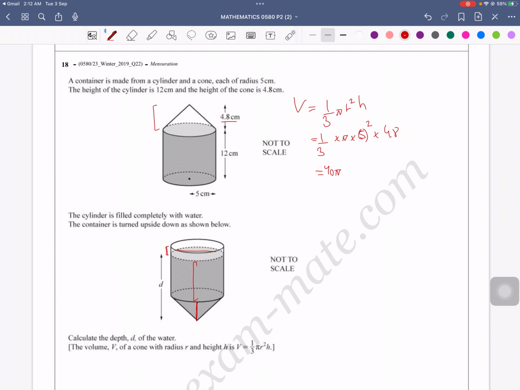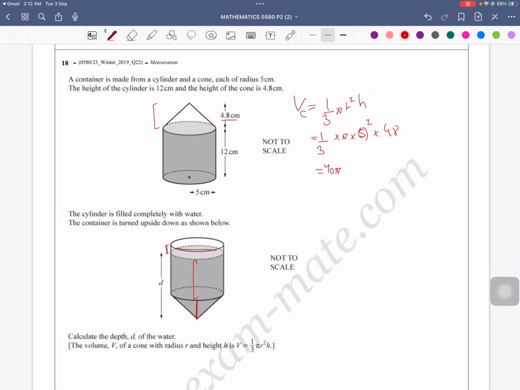And now we need to find the volume of the cylinder, right? So you just have to find the total volume that it could hold. So pi r squared h, so pi into r squared into h, 25 into 12, right? So this is the entire water the cylinder holds.